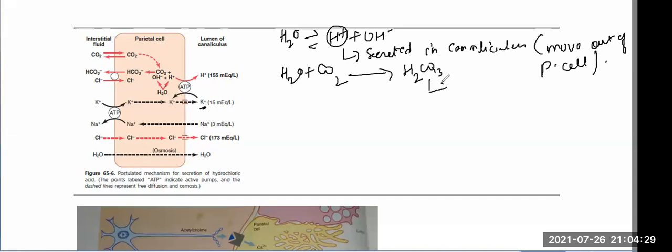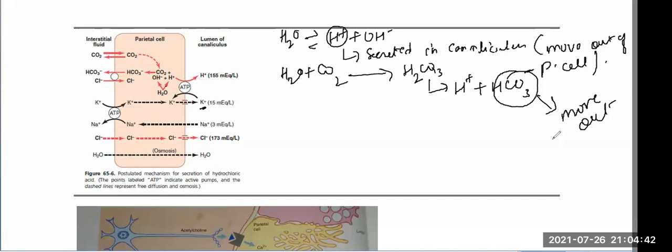Now H2CO3 is again the source of protons and will form protons and bicarbonate ions. Now these bicarbonate ions will move out.